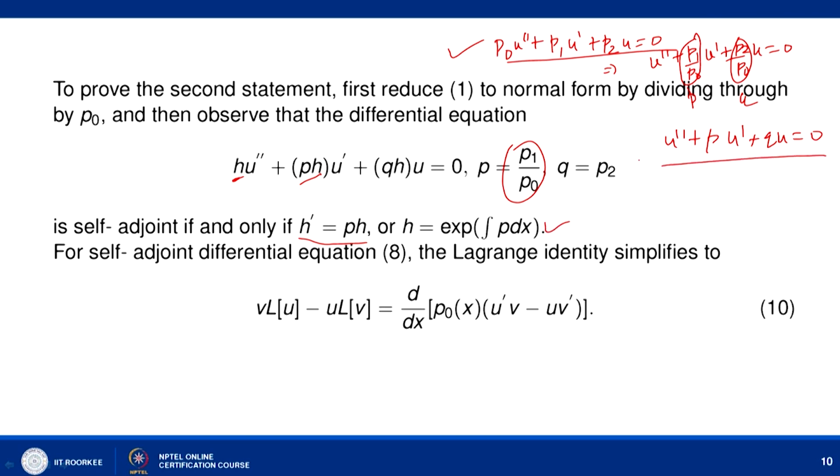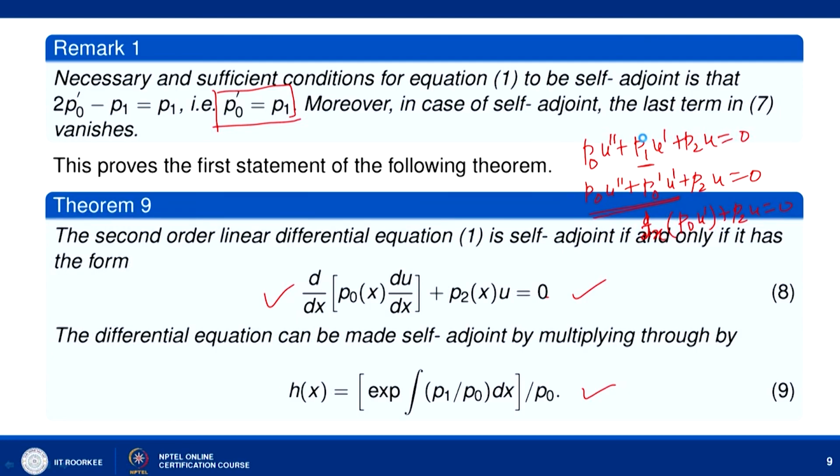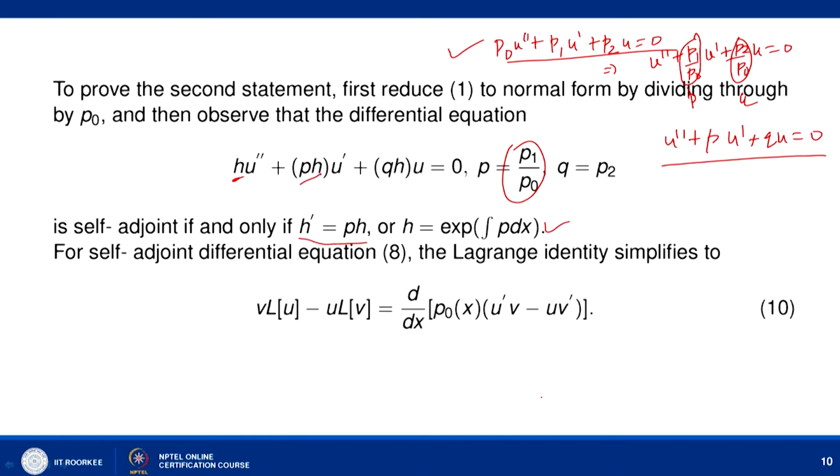But if we have P naught, first we have to divide by P naught and then multiply by h. So the function h which we need to multiply to make this equation self adjoint is h(x) equal to exponential of the integral of P1 by P naught dx, divided by P naught. If we multiply this equation, then our equation is reduced to a self adjoint form.